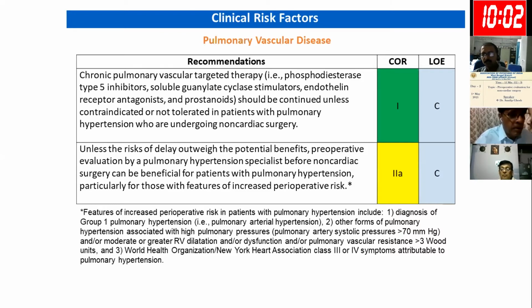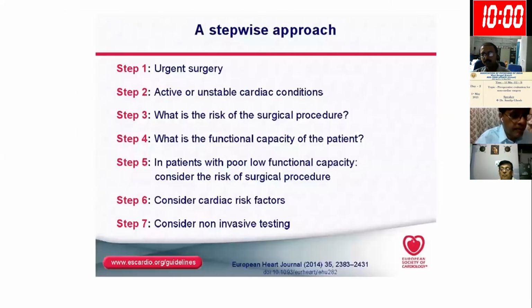We all know that patients with a reduced ejection fraction have a higher risk, but even patients with a preserved ejection fraction are at increased risk of perioperative mortality and morbidity in comparison to those who don't have this disease.